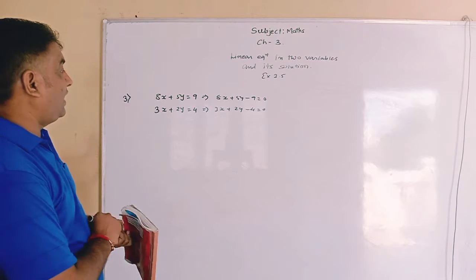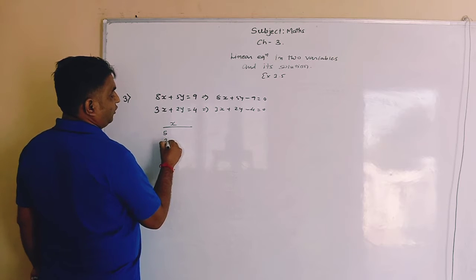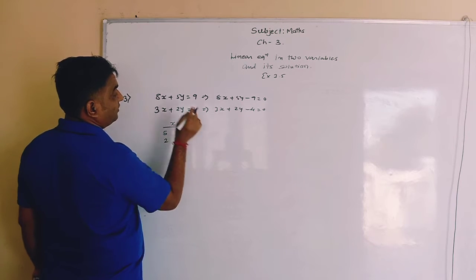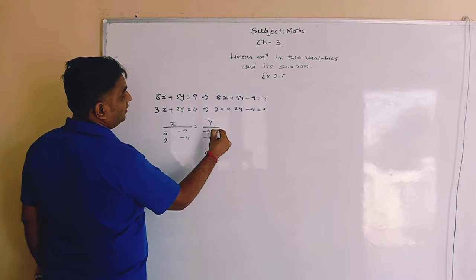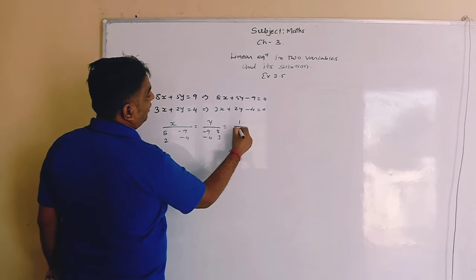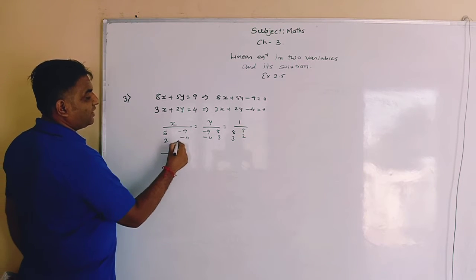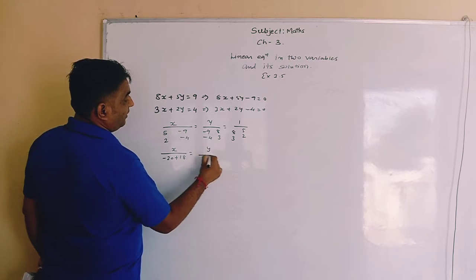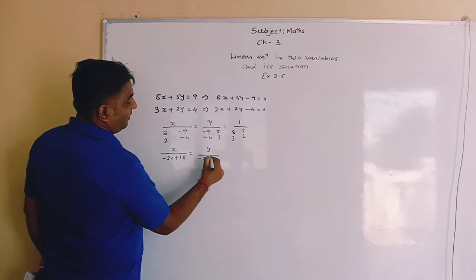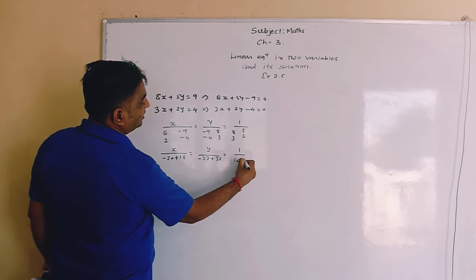And therefore we can write x/(5 times -4 minus -9 times 2), y/(-9 times 3 minus 8 times -4), and 1/(8 times 2 minus 3 times 5). So by cross multiplication we get x/(-20 + 18), y/(-27 + 32), and 1/(16 - 15).